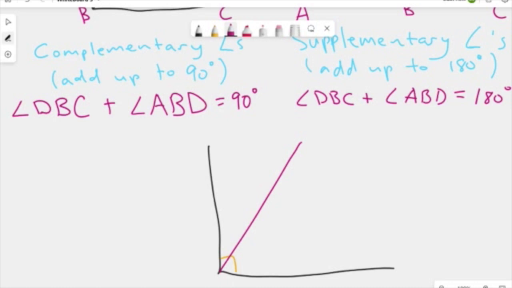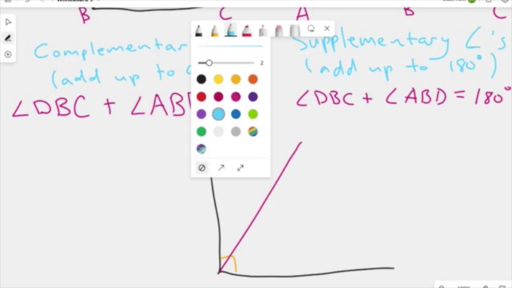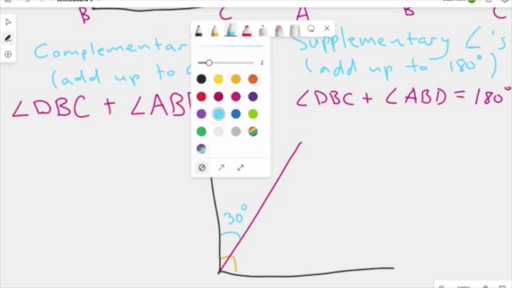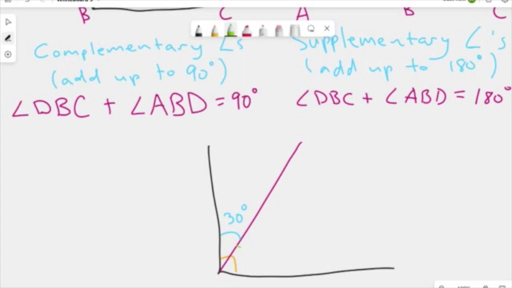I'm going to tell you that this angle here is 30 degrees. I know that it's a smaller one, so this angle clearly, just visually, looks a bit bigger. So we'd expect this to be roughly 30 degrees. Now, we don't know what this angle here is. And I'm going to call that X degrees. This is some unknown.